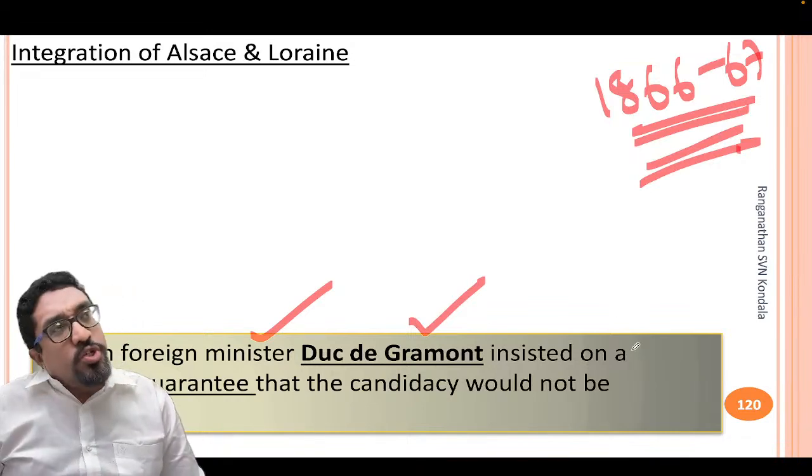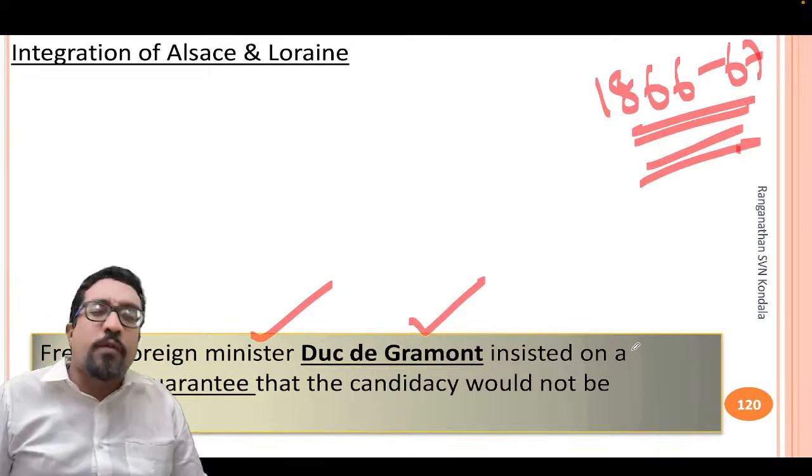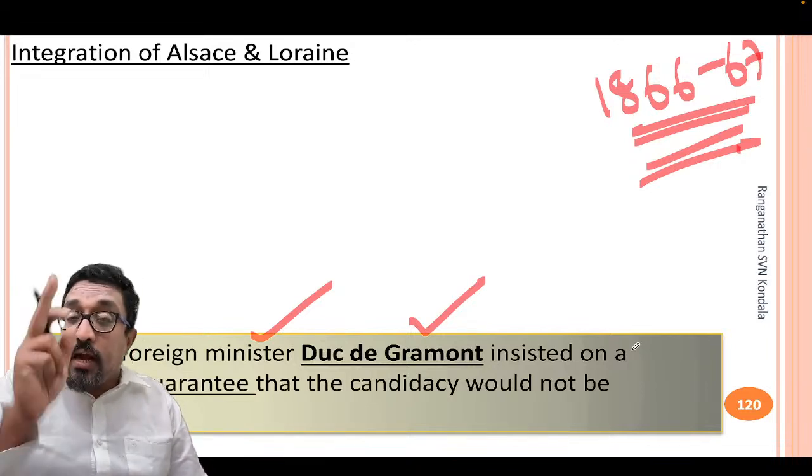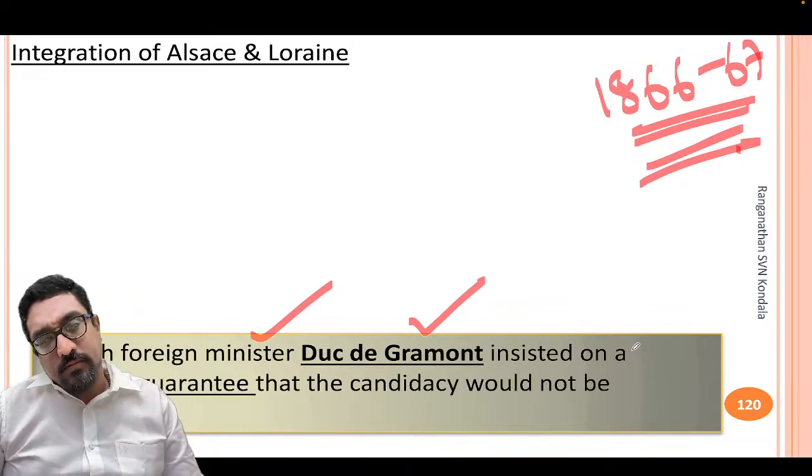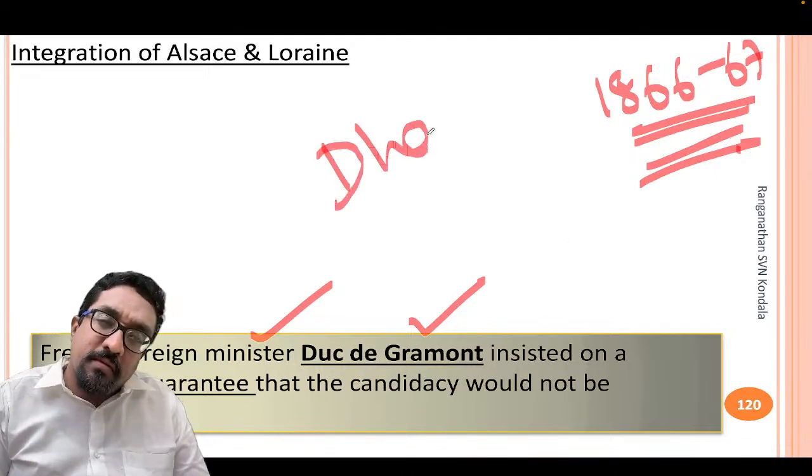And the way the letter was documented, there was an inherent threat from France that if Prussia does not give a written guarantee, France will attack Prussia. एक तरीके से धमकी था ये.